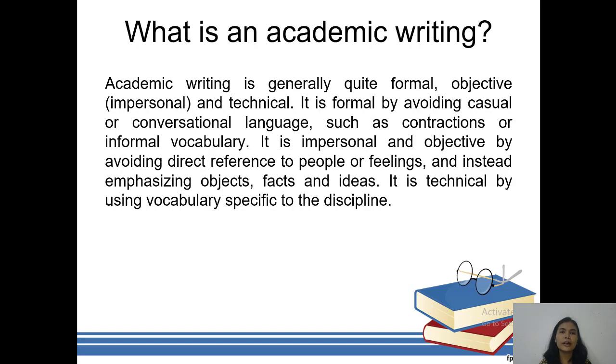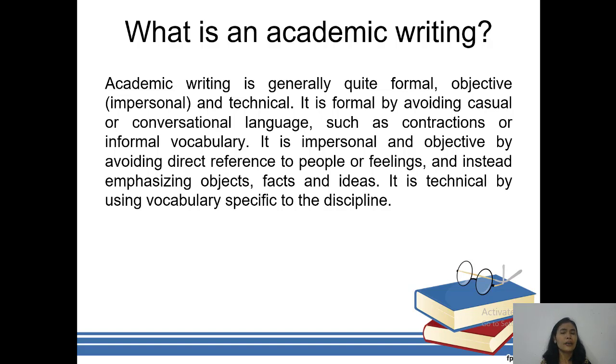Now we'll be talking about academic writing. So what is actually academic writing? Academic writing is quite formal, objective and technical writing. It is impersonal and objective, avoiding direct reference to people or feelings, and instead emphasizing objects, facts and ideas.